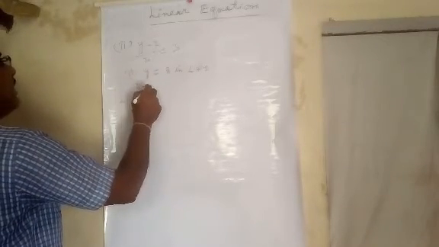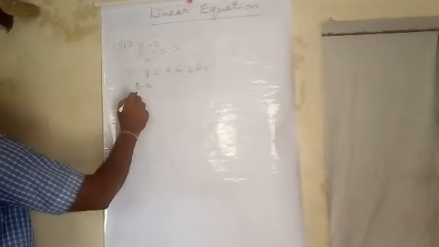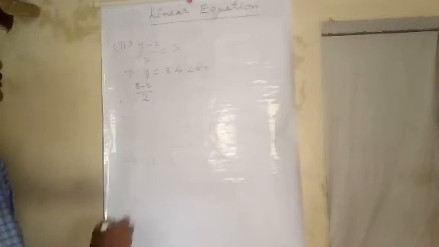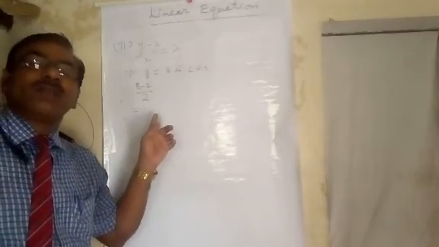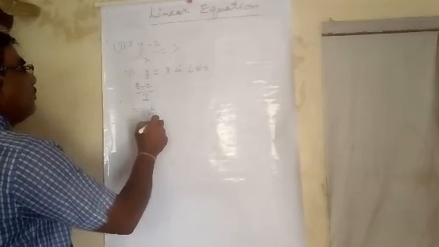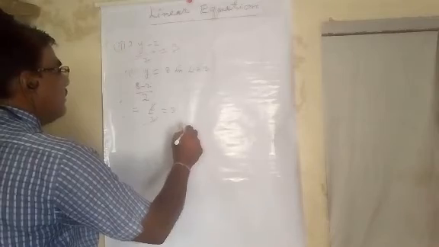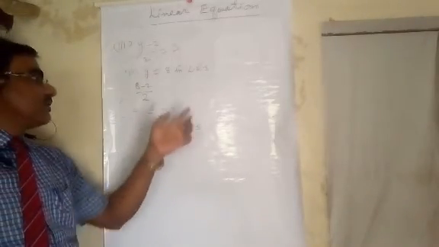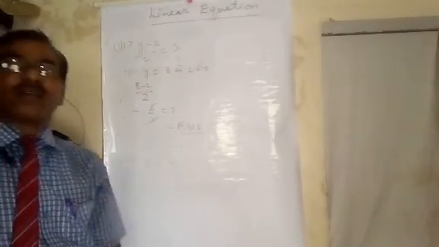It will be (8 minus 2) upon 2. When we subtract 2 from 8, we get 6. Therefore 6 upon 2, two threes are 6, which is 3. This is the right hand side. When we put y equal 8 in the left hand side, we get 3, the right hand side. Therefore our answer is correct.